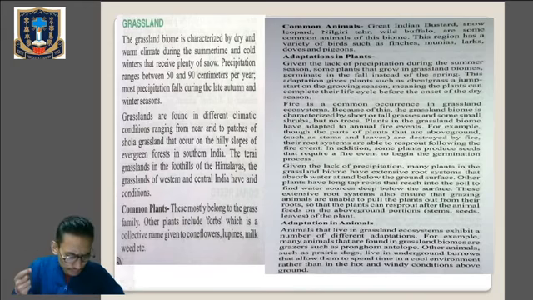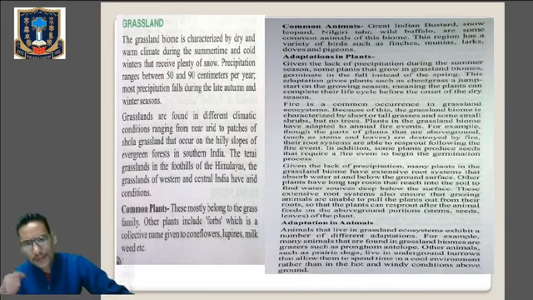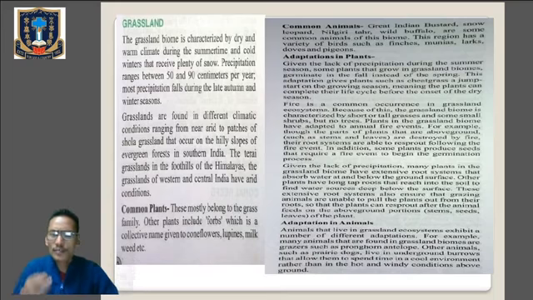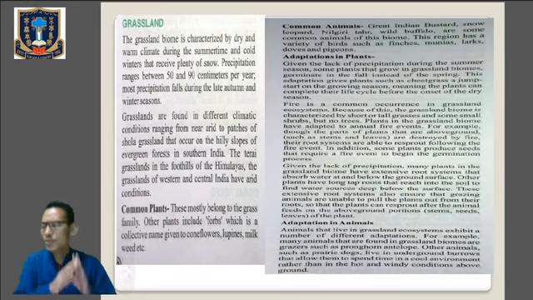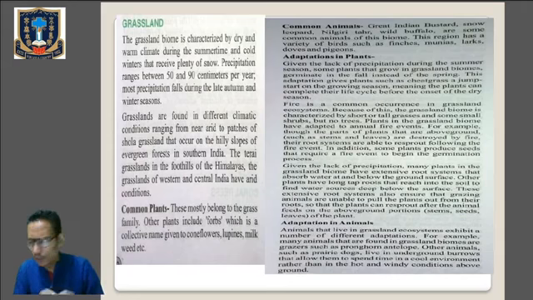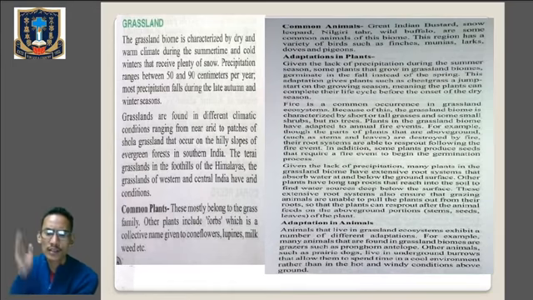Number two, given the lack of precipitation, many plants in the grassland biome have extensive root systems that absorb water from below the ground surface. That means the root systems of the plants in the grasslands are so well developed that they can absorb the water from the ground very well, since precipitation is also very low in the grassland.